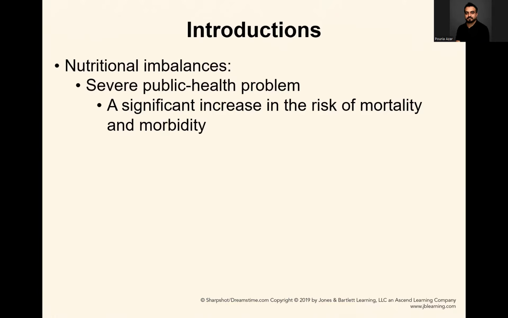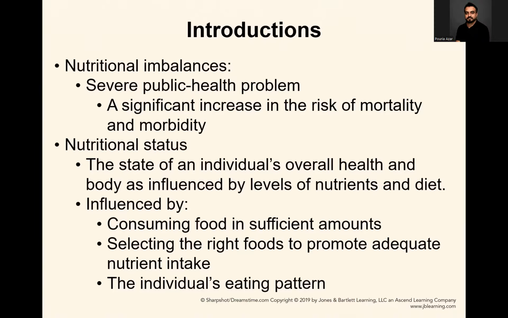And that deviation from optimal nutrition can cause some problems. And that problem can lead to a significant increase in the risk of mortality and morbidity. So, mortality is related to death, and morbidity is related to disease or health conditions. And nutritional imbalances is a severe public health problem worldwide and in the US particularly.